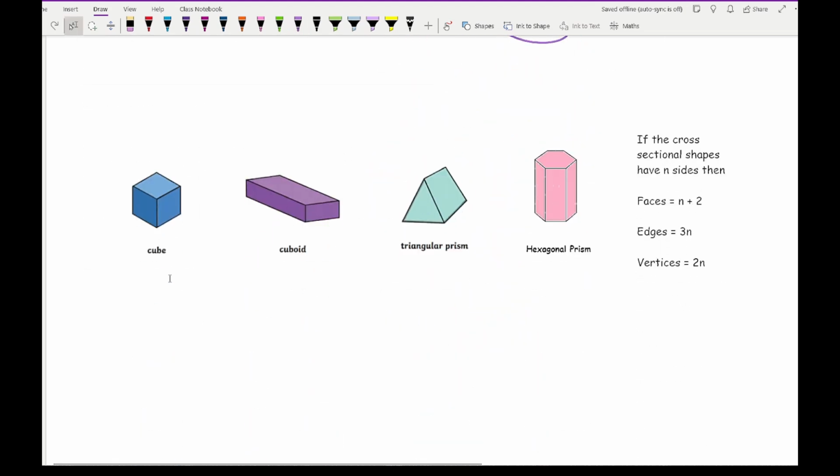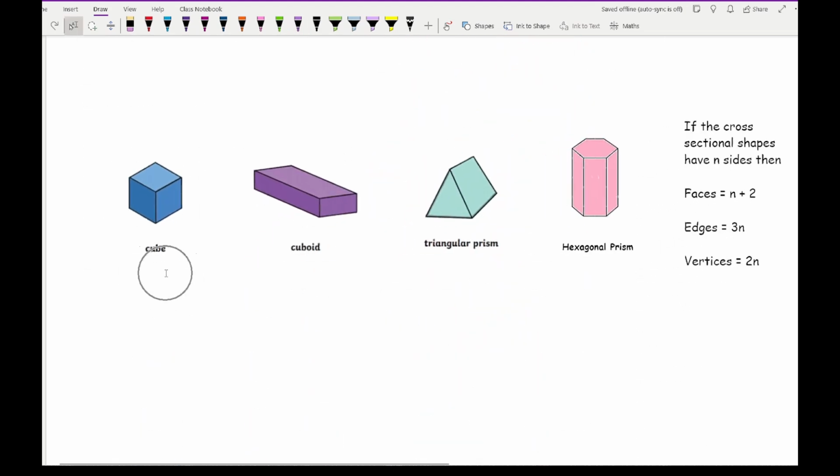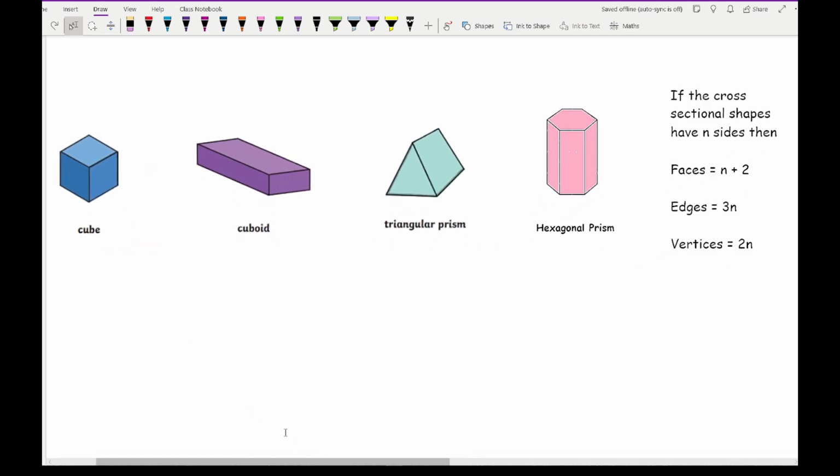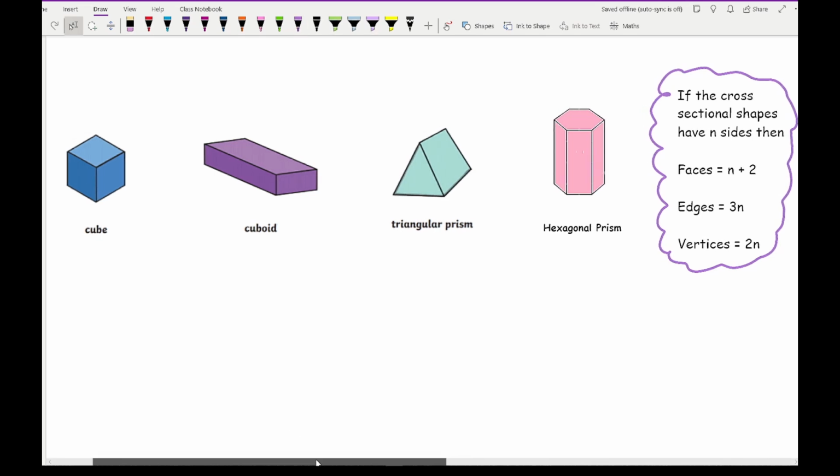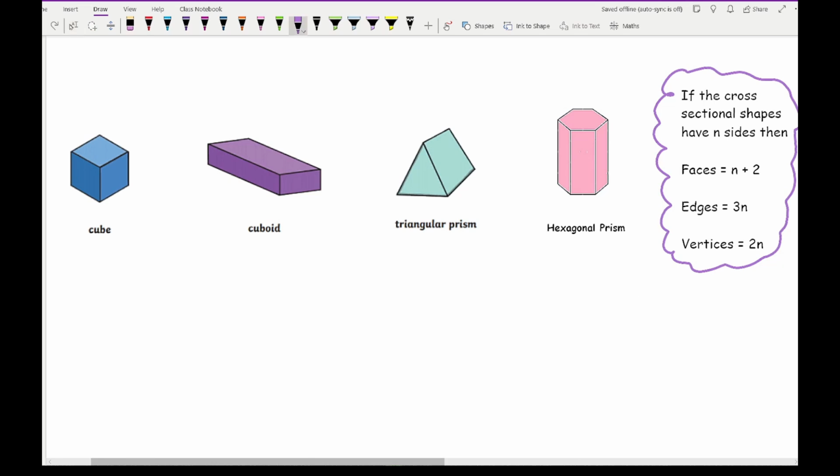So as an example, if we just zoom in on this, and just bear with me. So here we go, and this is our little notes that we've got. So here we can see that we haven't got transparent shapes in which we can't see all the sides or all the edges. So on a cube, I'm going to assume that this is my cross section in which n equals 4. On a cuboid, we've just done n equals 4.